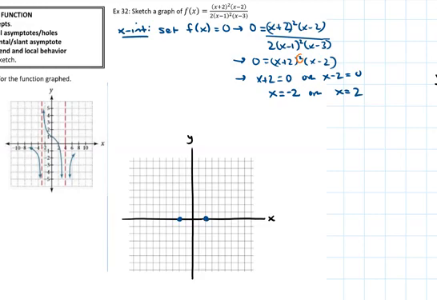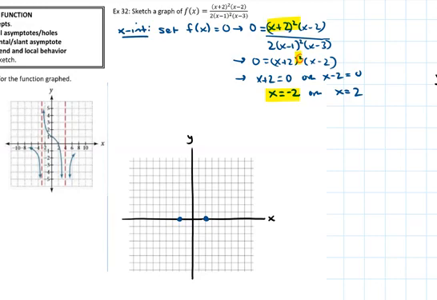Now, the other thing you want to pay attention to is the multiplicity of each factor in the numerator. So again, if we look at the x plus 2, we got the x-intercept x equals -2 from this. And notice that the multiplicity is 2. So that's an even multiplicity.